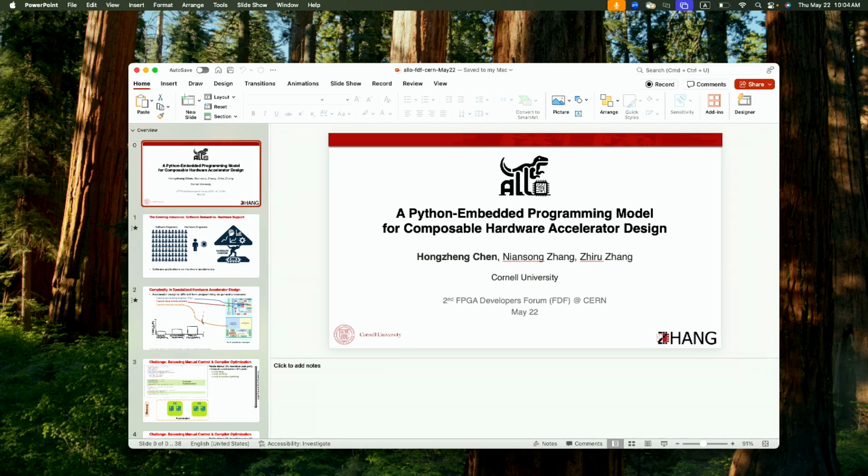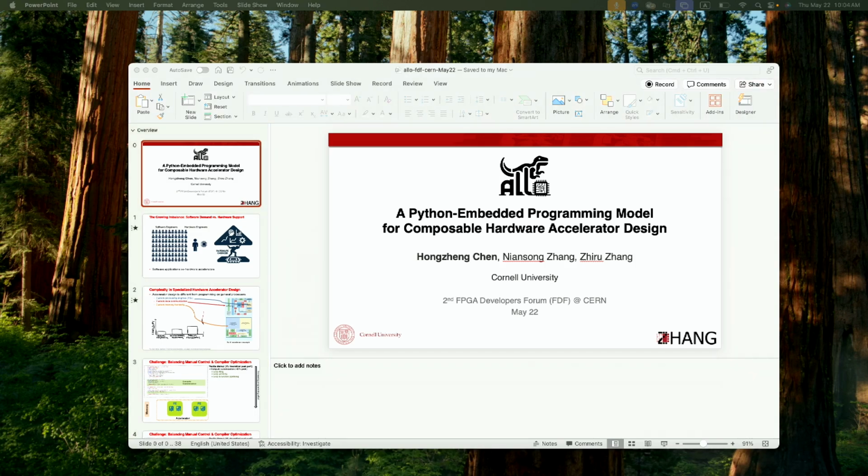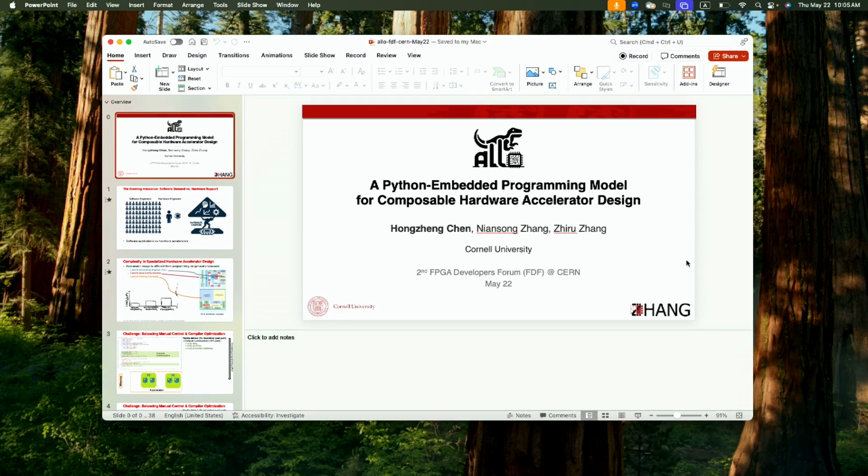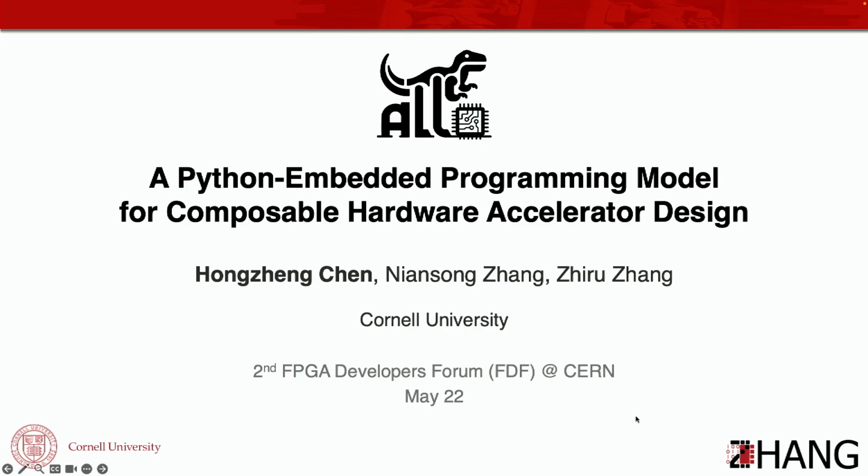So the next speaker is Hongzheng Chen. He's a fourth-year PhD candidate at Cornell University under Professor Zhang. His main work focuses on compilers and accelerator architecture for large-scale heterogeneous computing, especially optimizing machine learning workloads.